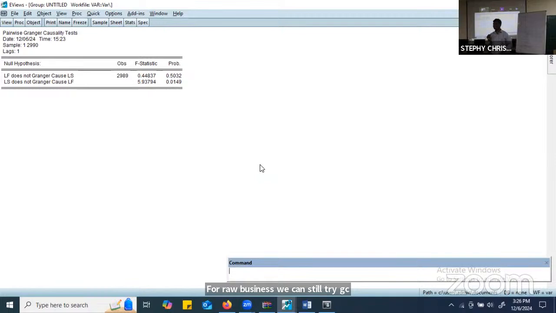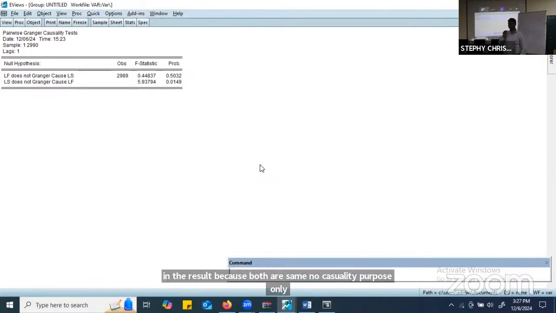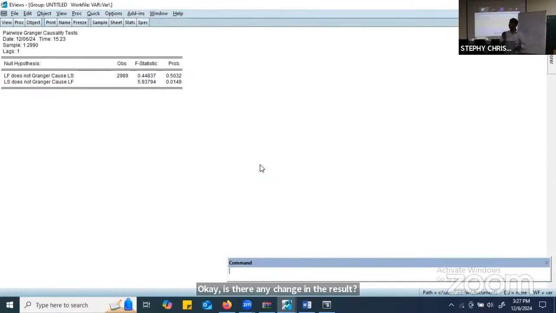But tomorrow I will run the co-integration test for this data, then run the error correction model and see if there is any difference in the result, because both are for causality purposes only. Is there any change in the result? So tomorrow I'll start with co-integration followed by the error correction model. Then we'll see any changes in the data, and then proceed.